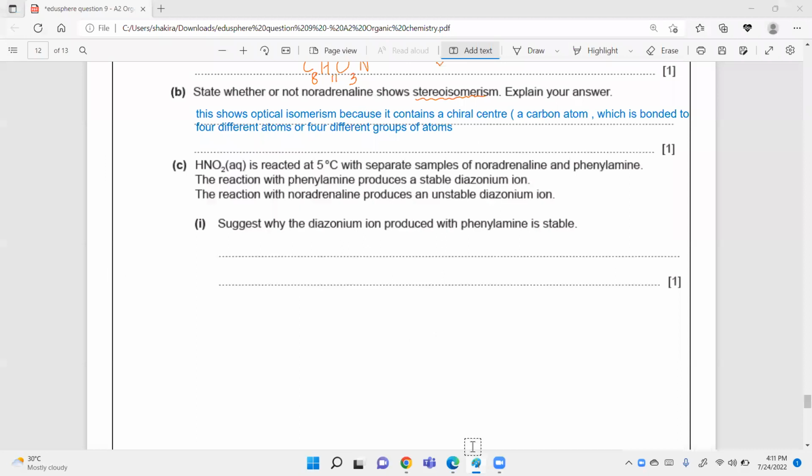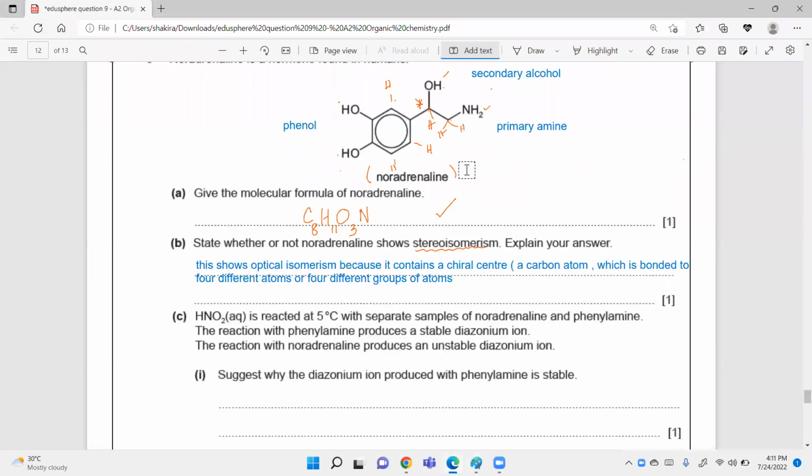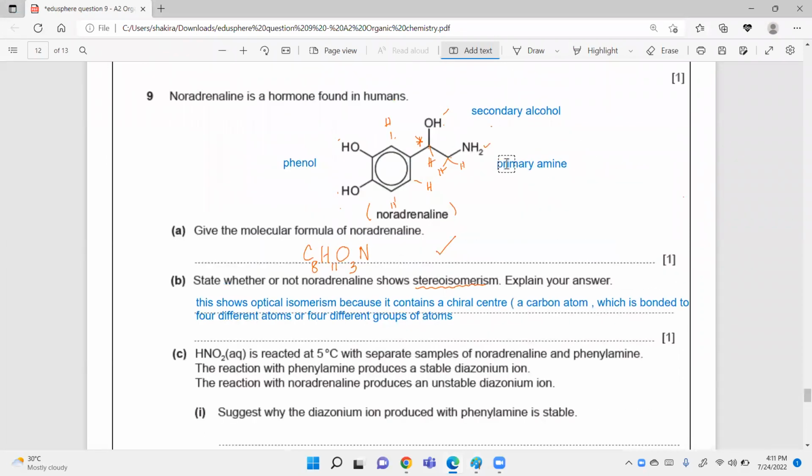Now, the question says HNO2 is reacted at 5 degrees Celsius with separate samples of noradrenaline and phenylamine. In noradrenaline, shall I show the structure?